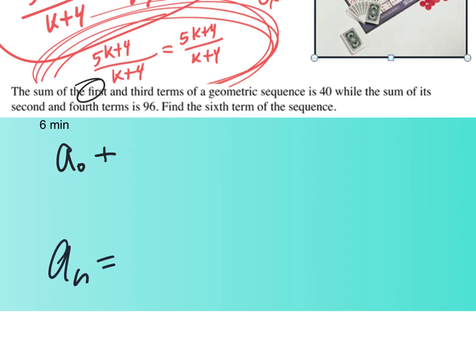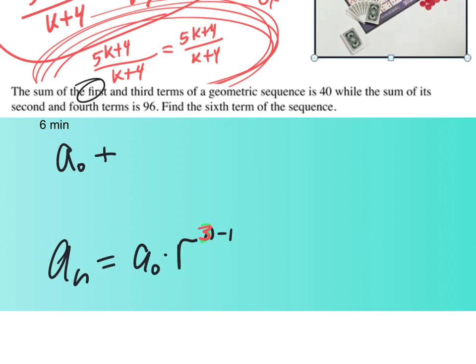A sub n is equal to a sub 0, wait a minute, this is not plus, this is the ratio one, sorry, times r to the n minus 1. And if I'm for sure doing the third term, then couldn't I put in a 3 right here?